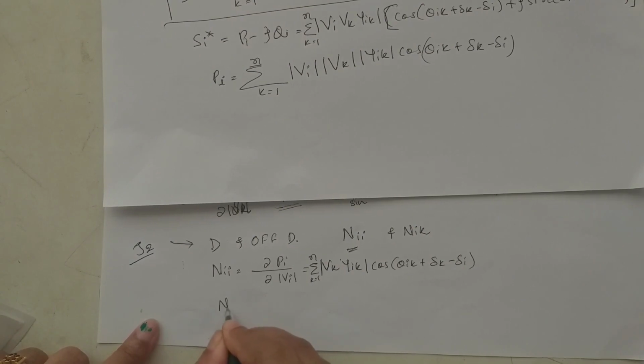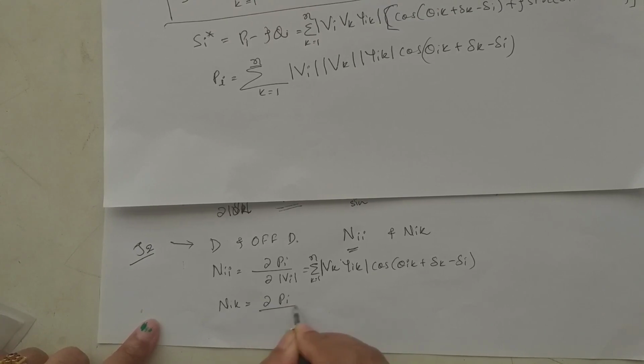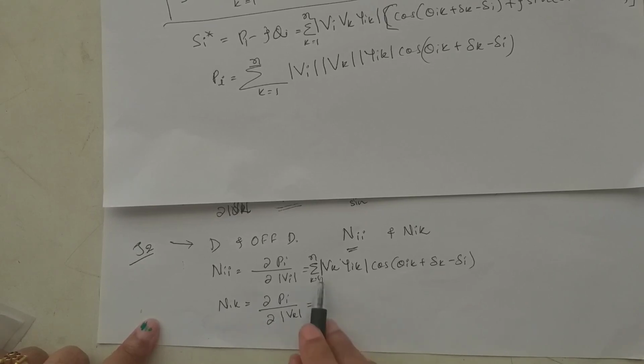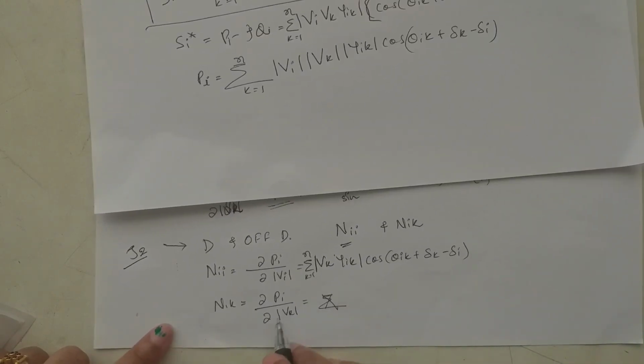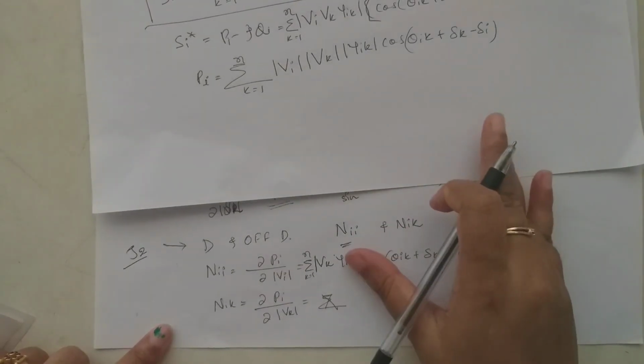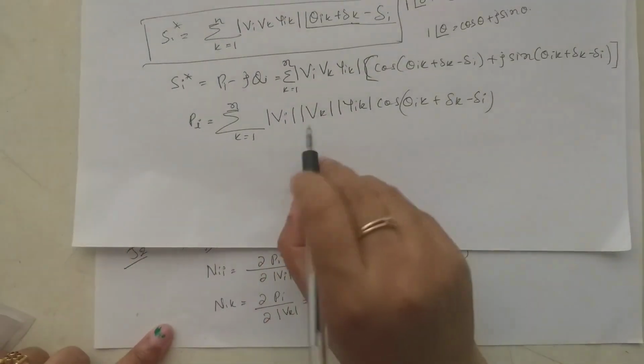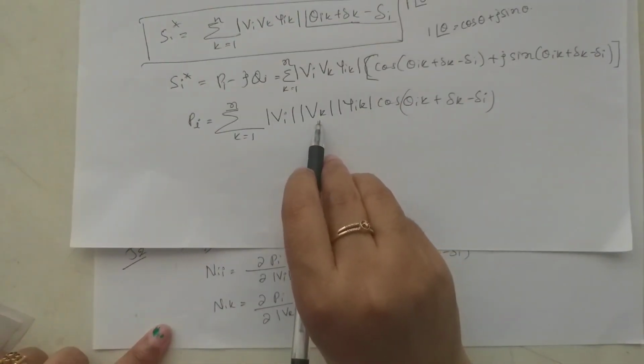Similarly, the off diagonal elements Nik, which is equal to partial differentiation of Pi with respect to Vk. Here again, while calculating the off diagonal elements, you are not supposed to consider summation. So the partial differentiation of Pi with respect to Vk, partial differentiation of Vk is equal to 1.